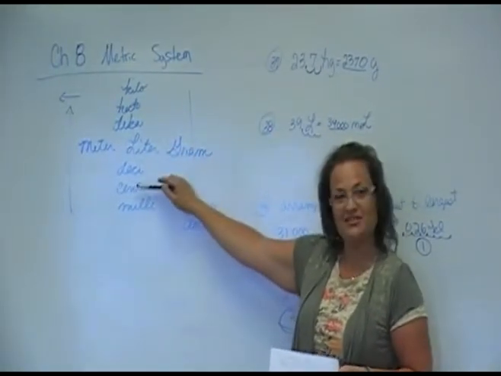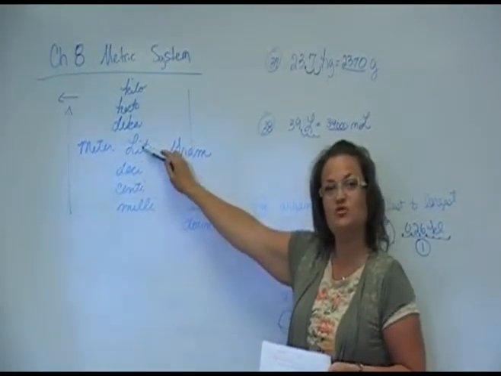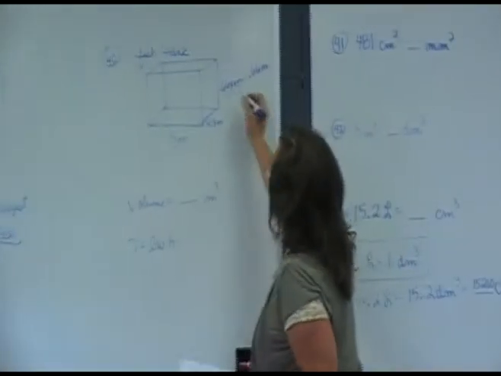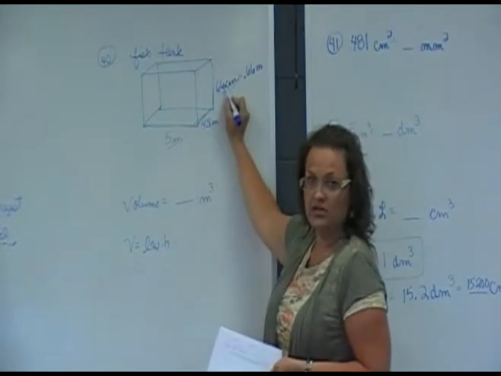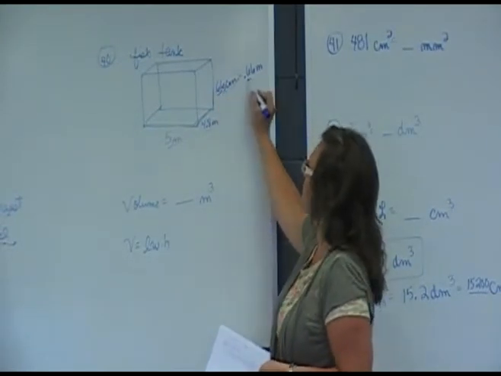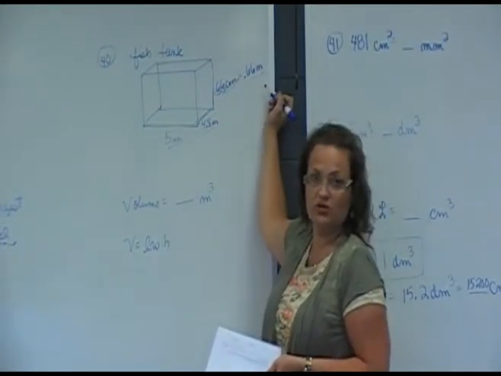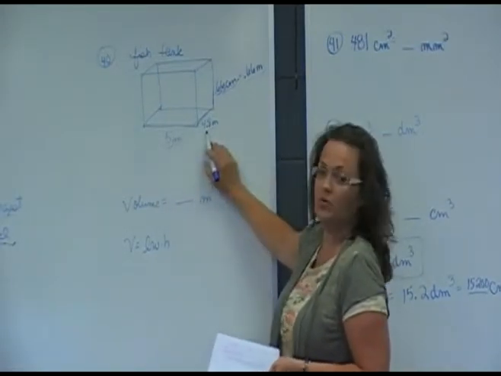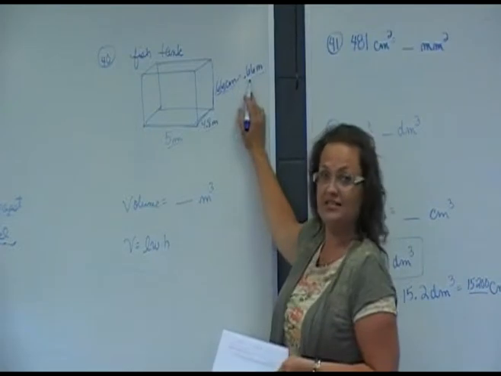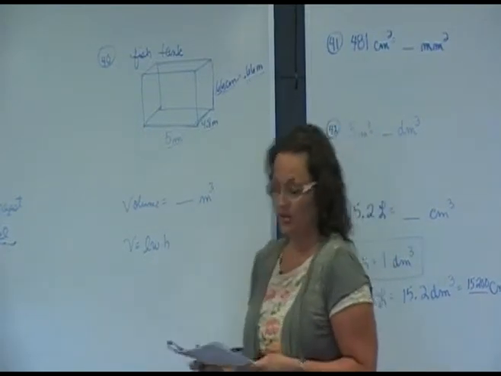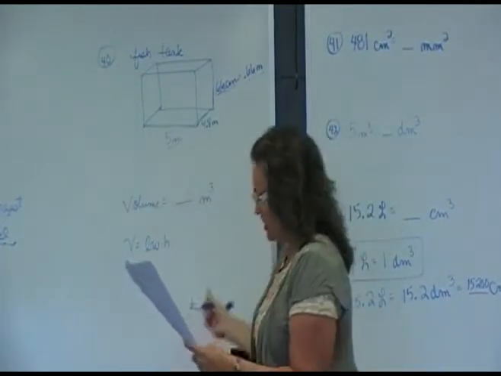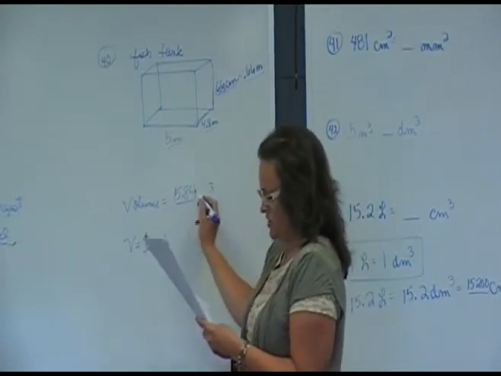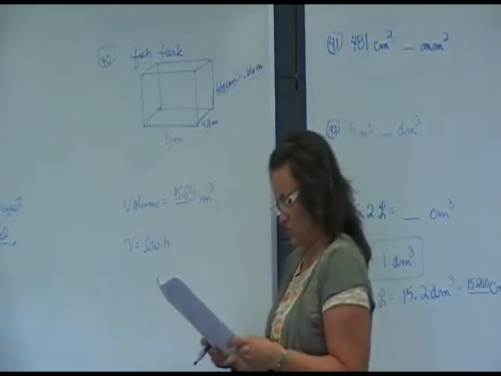All the other examples went down, but going up the scale means move your decimal to the left. So 2 places left, the decimal's assumed to be at the end when you don't see it, so 2 left makes it 0.66 in meters. So then I multiply 5, use your calculator, times 4.8 times 0.66 will come out in cubic meters, and I have a note that that comes out to be 15.84 in cubic meters.